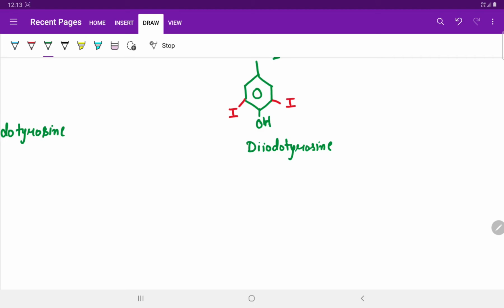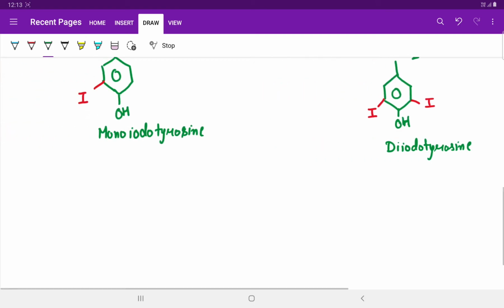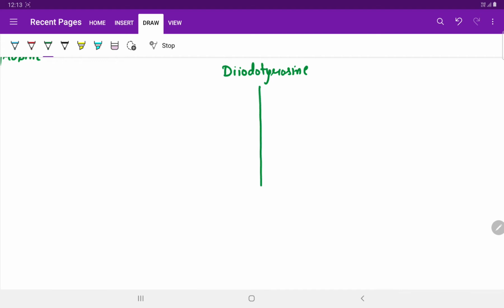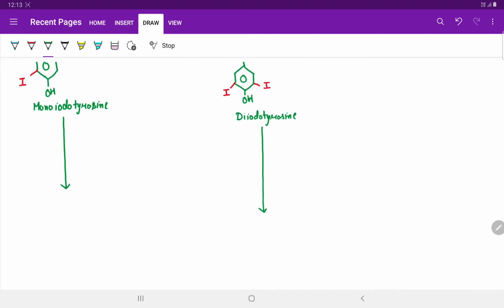So now they are synthesized separately to the triiodothyronine and thyroxine molecules. So first of all, let us see the formation of T3 hormone or triiodothyronine molecule. Now this occurs in presence of enzyme on the residues of diiodotyrosines.